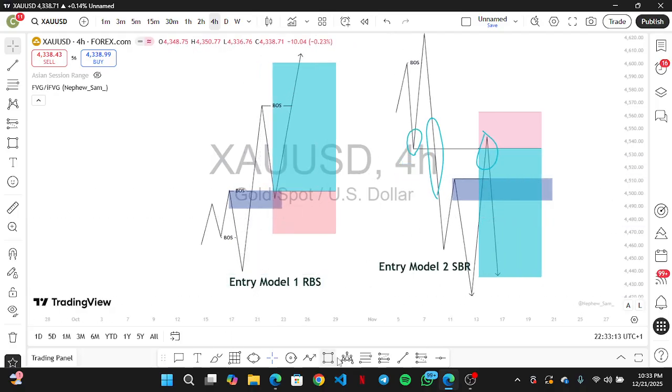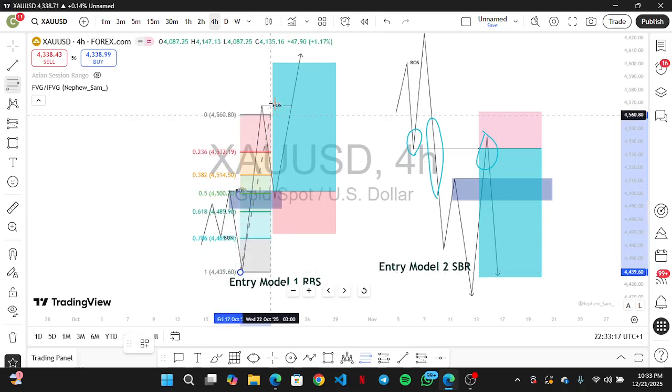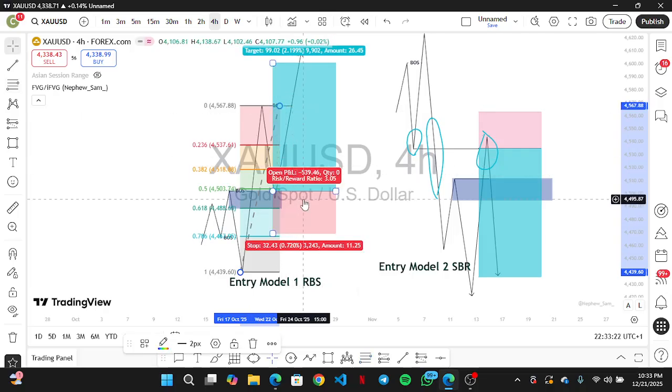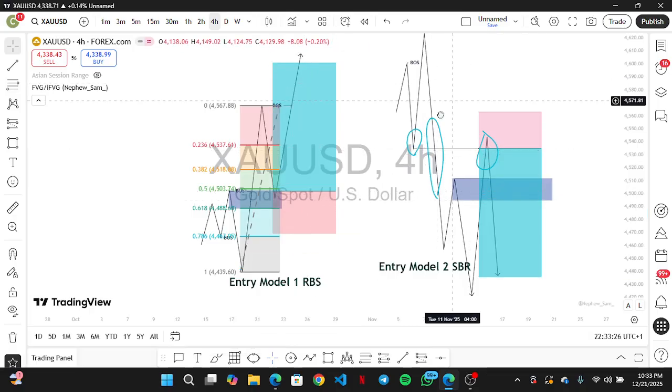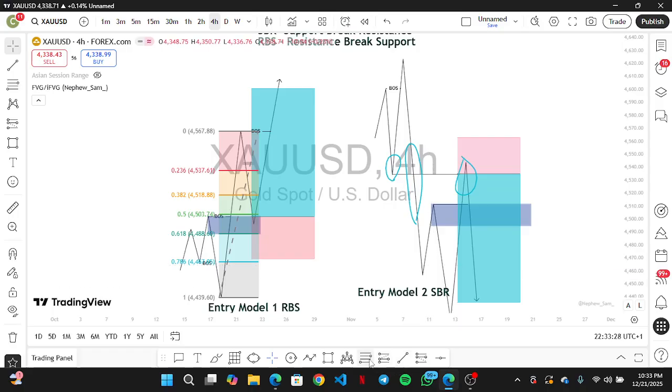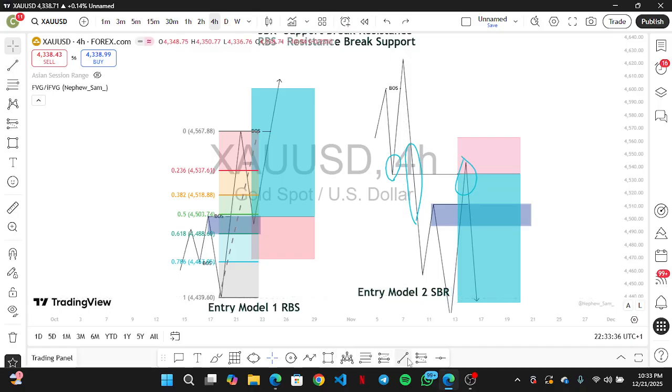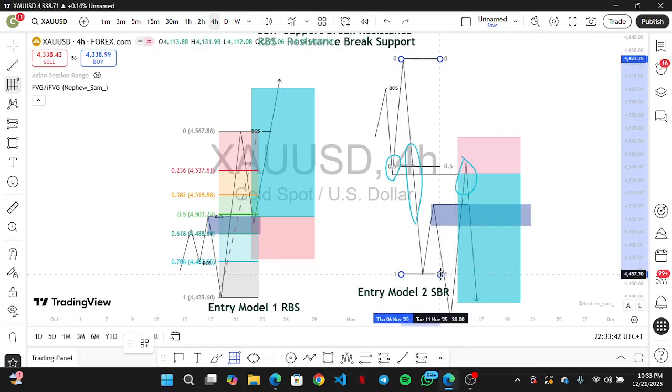And what I forgot to mention last time is to make sure you are buying from an SBR that is well in the discount zone in the case of a buy, while for sells, make sure you are selling from a valid SBR or RBS that is in the premium zone. Likewise, both the same thing. Yes, always make sure of that. It's very, very important. So, this is the first here.